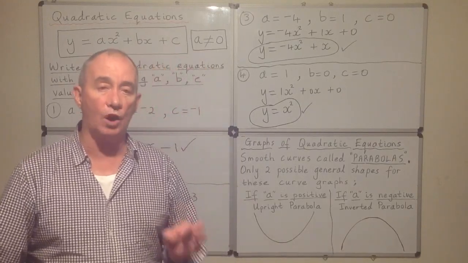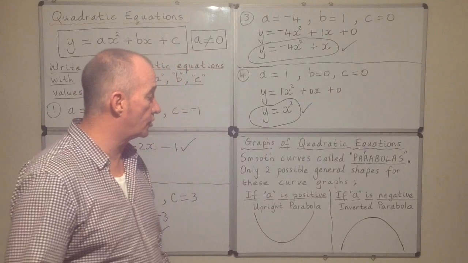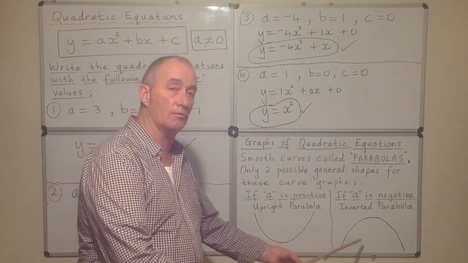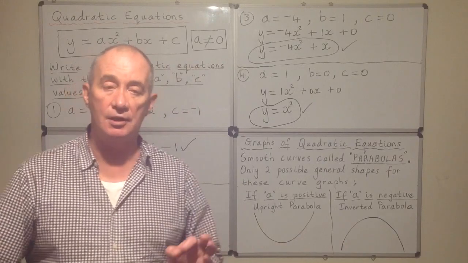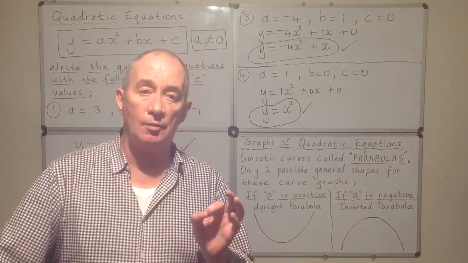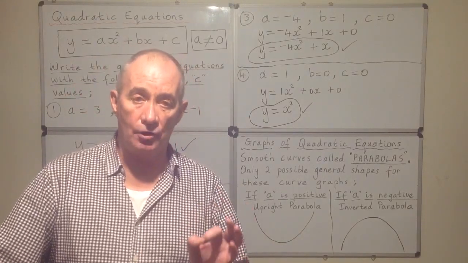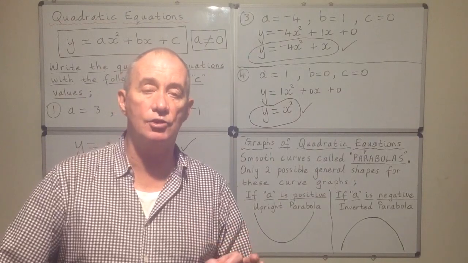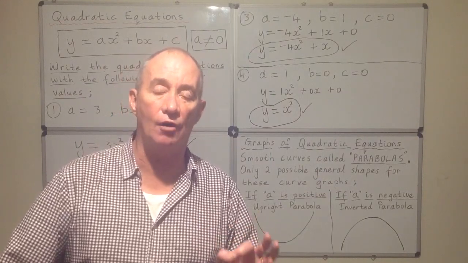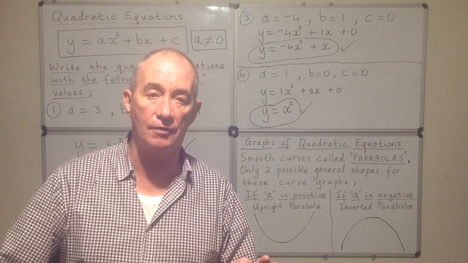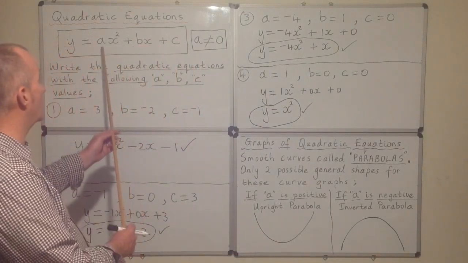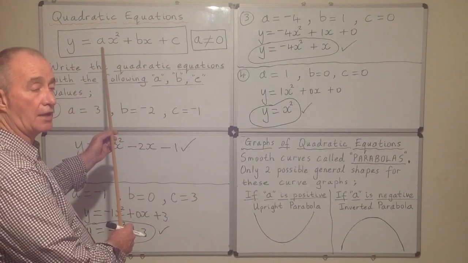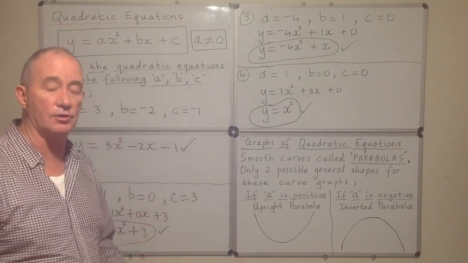Now, what determines which of these two general shapes we end up getting? Well, the answer is this. The general shape of the quadratic equation graph is determined by the sign of the a value in the quadratic equation. Remember, the a value is the number directly in front of x squared in the quadratic equation.